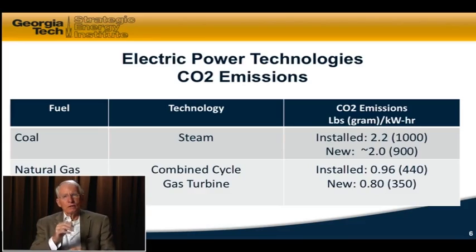As you can see, the carbon emissions from the natural gas combined cycle gas turbine plants is about less than half of what it is for coal, both for the installed and the new. It's about 0.96 pounds per kilowatt hour, or 440 grams per kilowatt hour, and the new is about 0.8 pounds per kilowatt hour, or 350 grams per kilowatt hour.